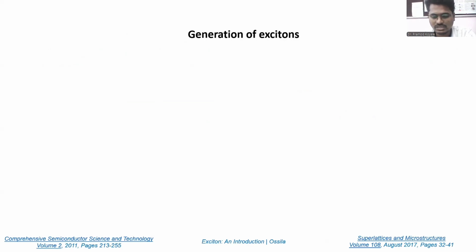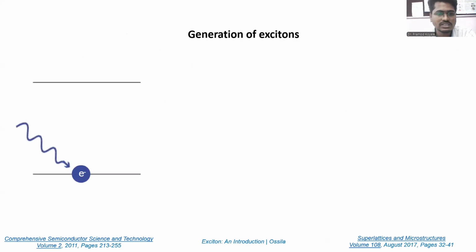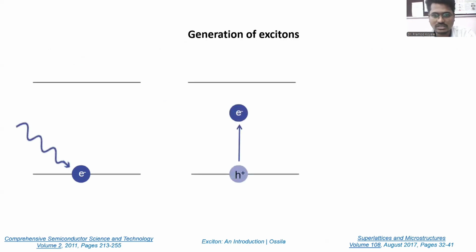That can be seen through these schematics. Whatever electron is present in the semiconductor or the insulator materials, it is able to absorb that particular sunlight or the light. So, what will happen? This electron gets excited towards the conduction band, leaving the holes at its original position, which we can say is the valence band in the case of semiconductors.